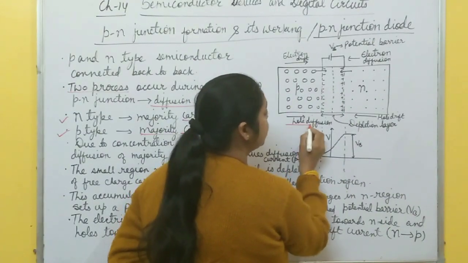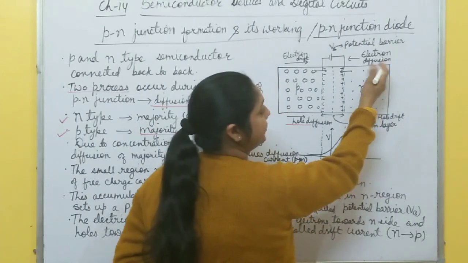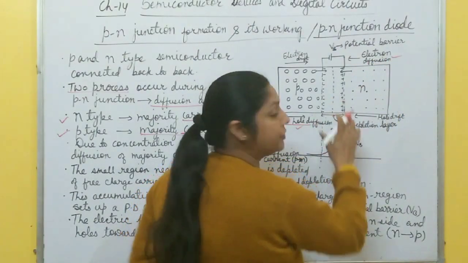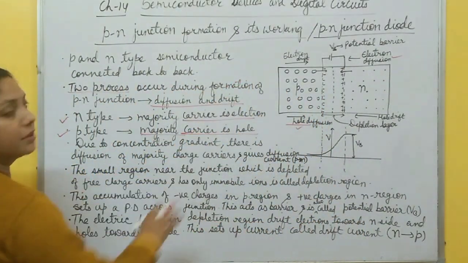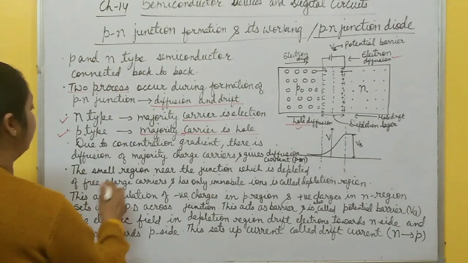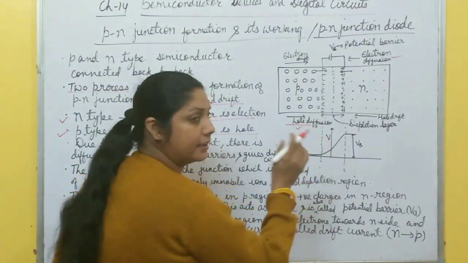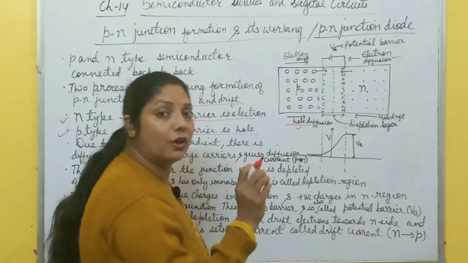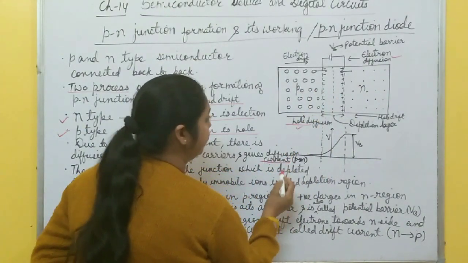Holes start to diffuse from the p side to the n side, and electrons start to diffuse from the n side to the p side. This diffusion occurs due to concentration gradient on the two sides of the junction, right? And this diffusion of majority charge carriers sets up a current, called diffusion current, and its direction is from p to n, right?